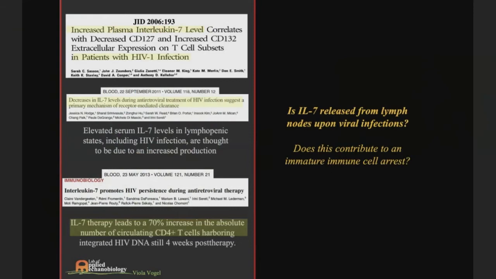Why is this significant? We looked into the literature because it implies that perhaps if you tear lymph node ECM fibers apart, IL-7 is released from the lymph node. And in order to see whether there are any indications that this might be the case, we looked into the literature.